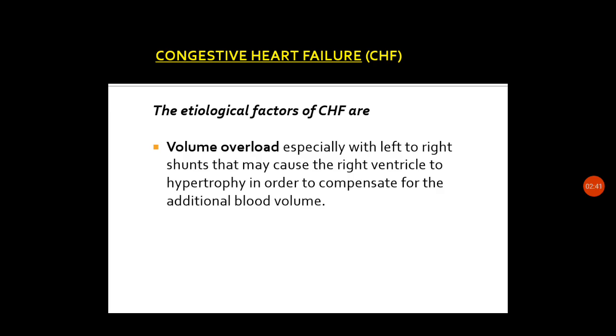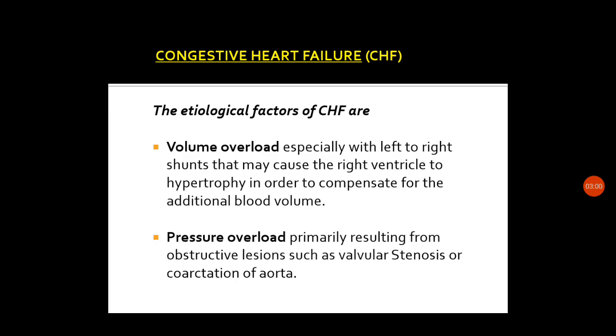That may cause the right ventricle to hypertrophy in order to compensate for the additional blood volume. So volume overload happens on the right side by the shunting of blood from the left side. That is the first etiological factor, volume overload.